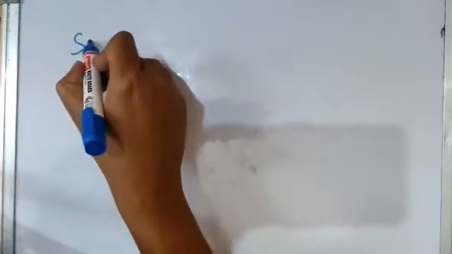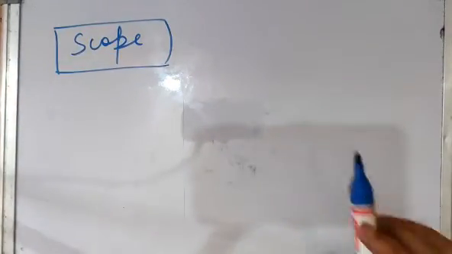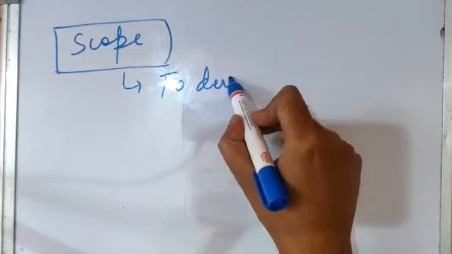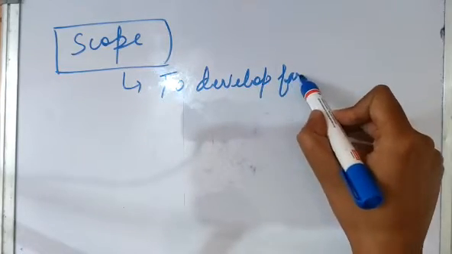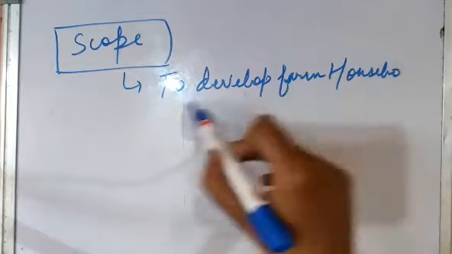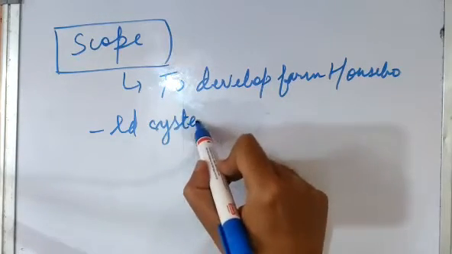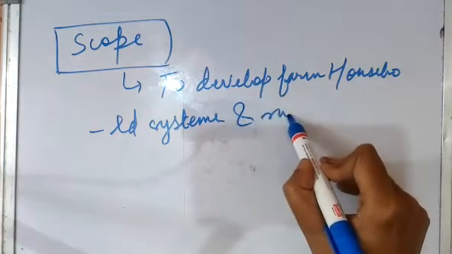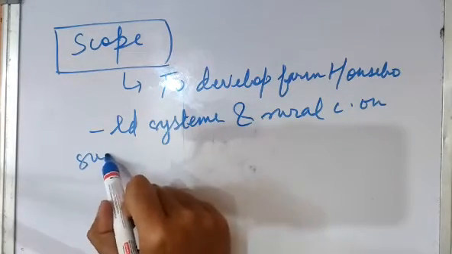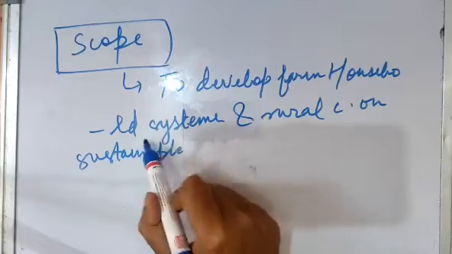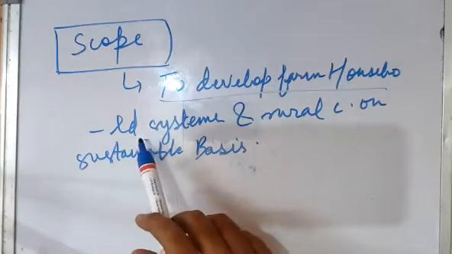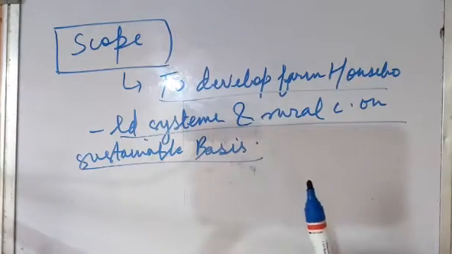Now, what is the scope of farming systems? Farming system is necessary to develop farm household systems and rural communities on a sustainable basis.